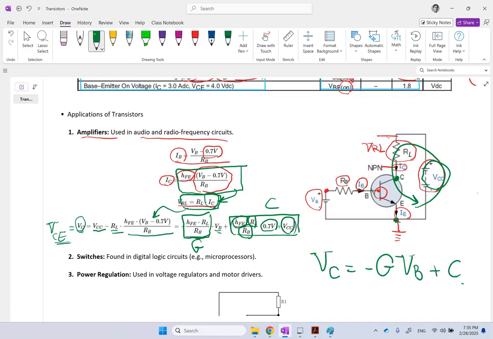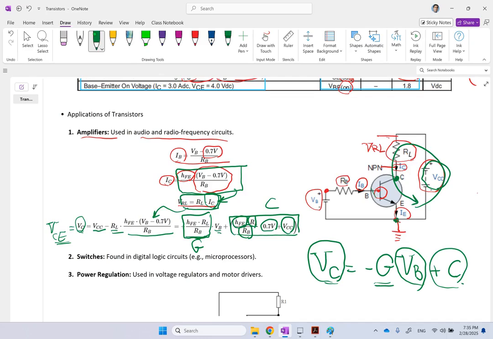And if you neglect this constant for a moment, you clearly see that you have an amplification of G. So clearly you are increasing the voltage that you apply to the base by G times and putting it basically on the two sides of the transistor.